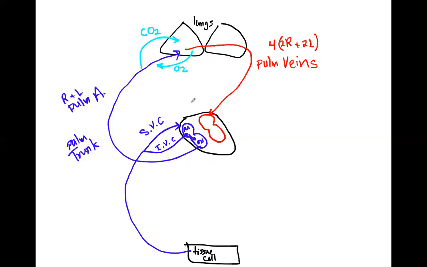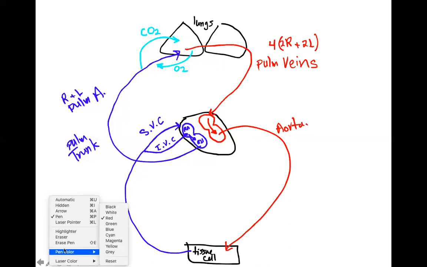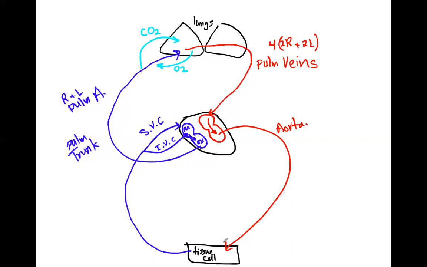Now, blood goes from the left atrium down to my left ventricle. And from the left ventricle, that blood gets pumped to my tissue using the largest blood vessel we have, called the aorta. Now, what happens at my tissue level? At the tissue, your tissue says, I want oxygen, I want oxygen.